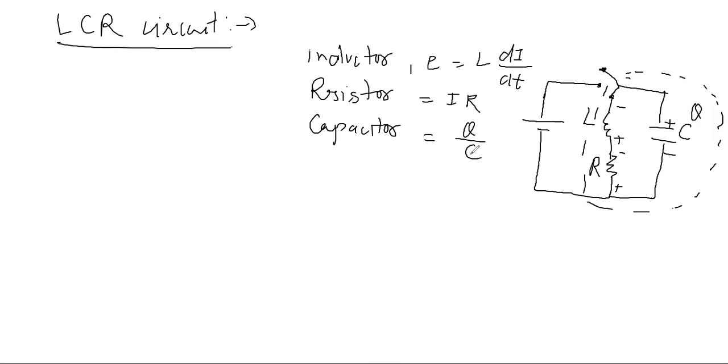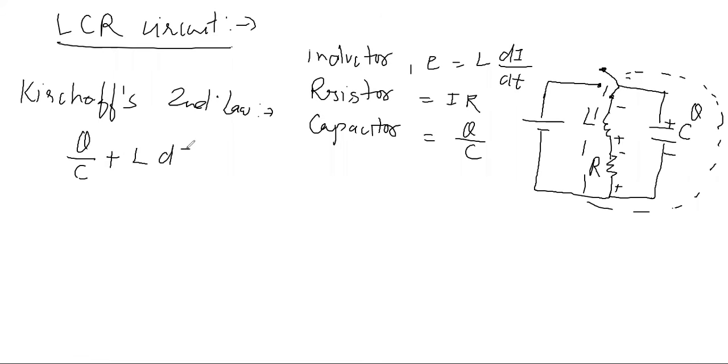According to Kirchhoff's second law, which is based on voltages, the sum of all the potentials across all the elements in the circuit should be equal to 0. Now, if you apply that, then you will say that Q over C, which is your potential across the capacitor, plus the potential across the inductor, plus the potential across the resistor is equal to 0.